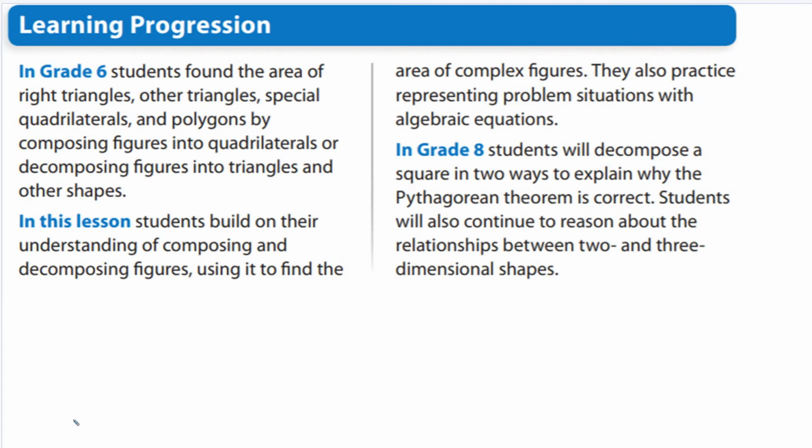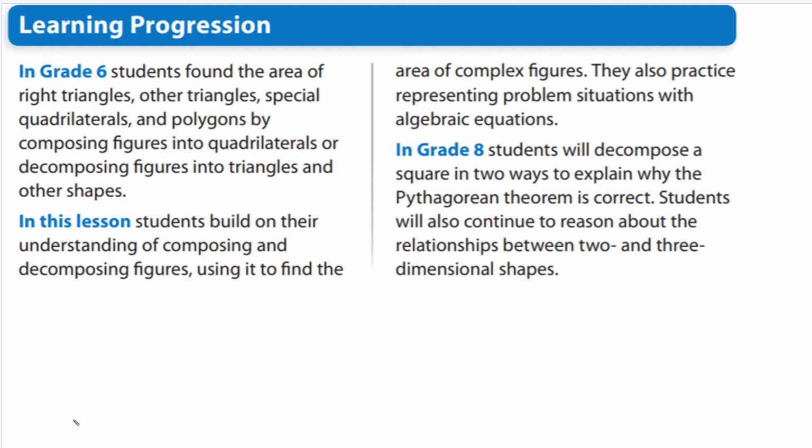And here's why we're doing this, the learning progression. In grade 6, students, which you, found the area of right triangles, other triangles, special quadrilateral, and polygons by composing figures into quadrilaterals or decomposing figures into triangles and other shapes. In this lesson, you will build on the understanding of composing and decomposing figures, using it to find the area of complex figures.